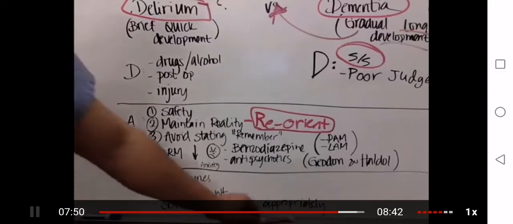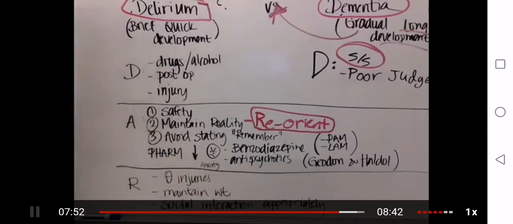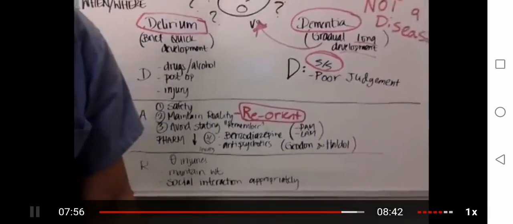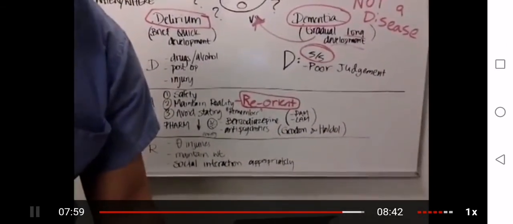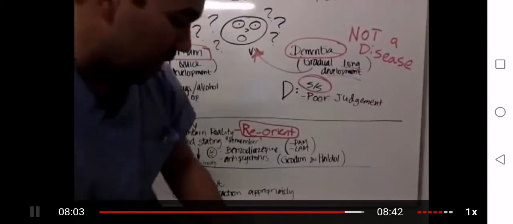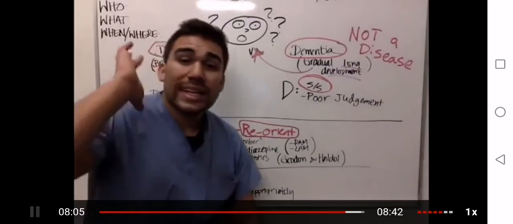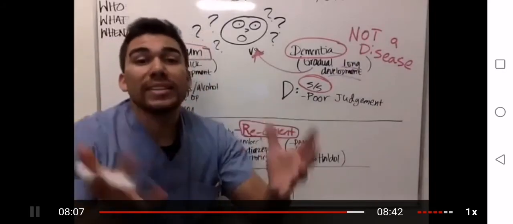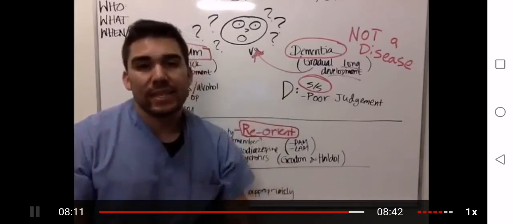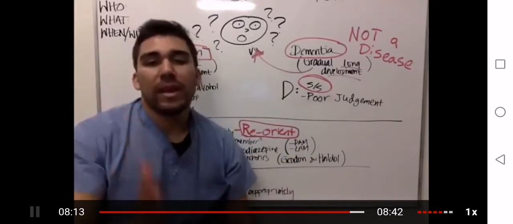Social interaction appropriately. Usually, our dementia patients will want to be by themselves because they're usually trying to solve cases. They want to find something somewhere. So including them in group activities, making them social again, not so resistant, is one of the main goals.